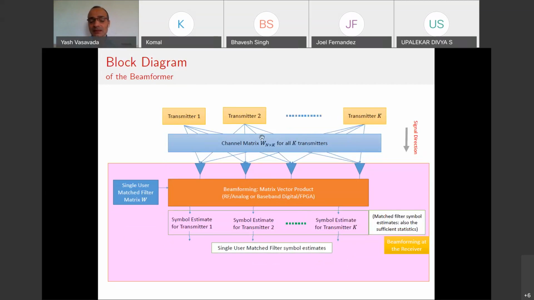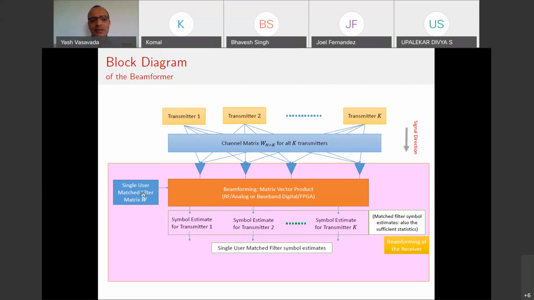They are simultaneously transmitting, and the corresponding channel matrix is what we have called capital W. There are a total of n antenna elements, and then this reception, which is now a vector, is getting processed by this beamforming engine.